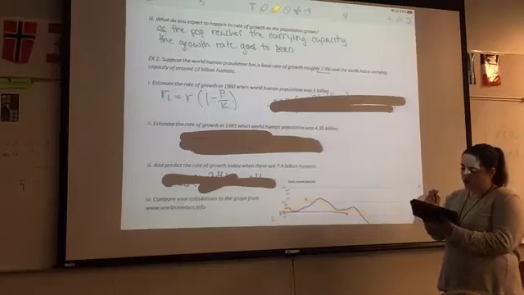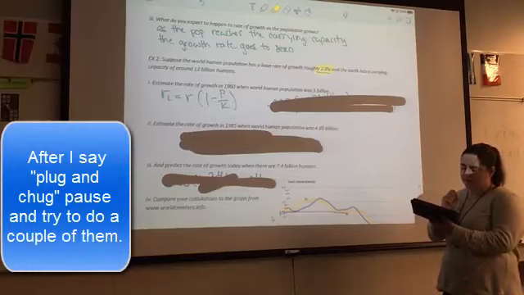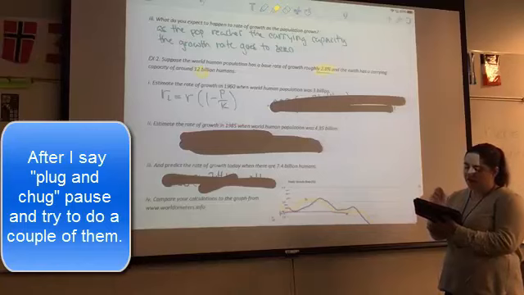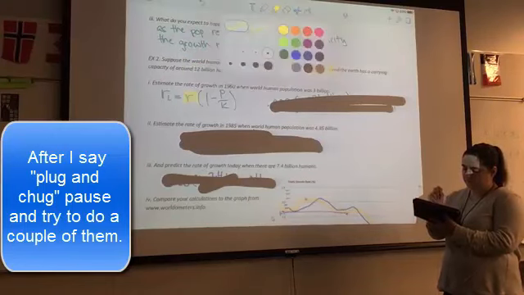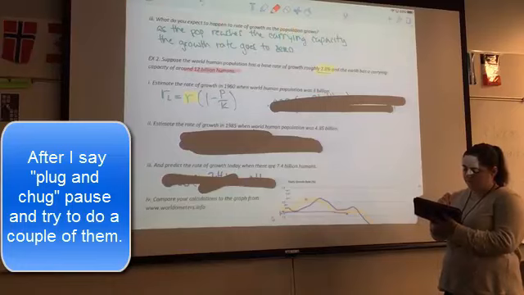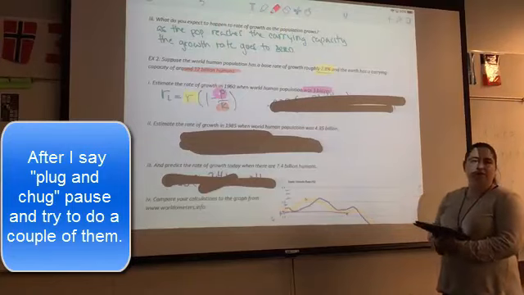So we have an r of 2.8%, okay, a K of 12 billion, and our current population in 1960 was 3 billion.